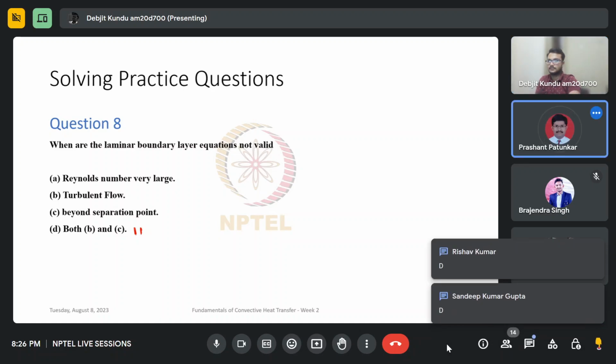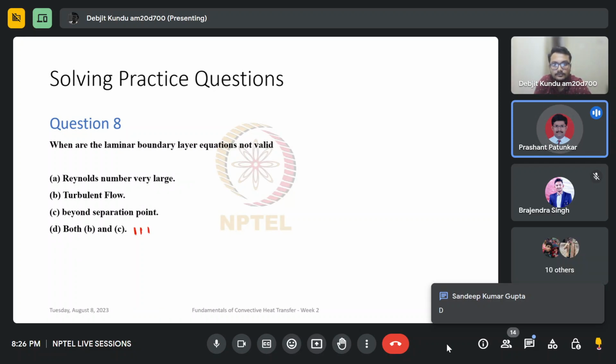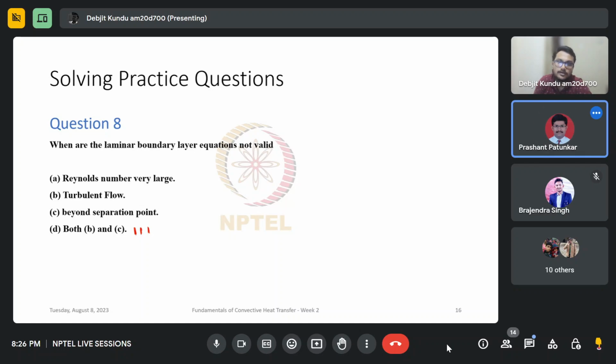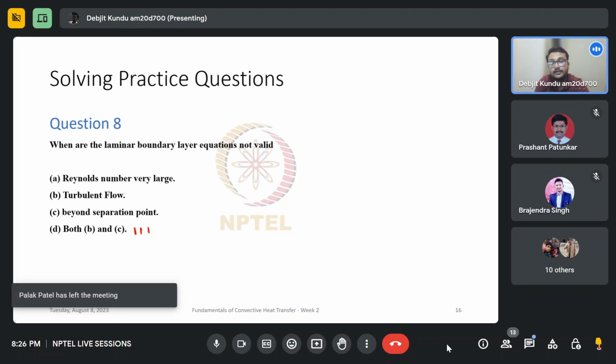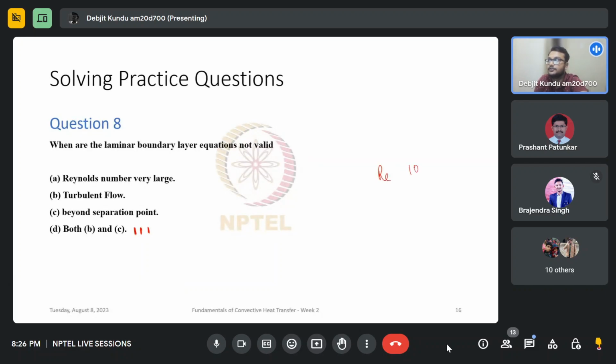Excuse me, sir. For option A and B, sir, is it that they have the same meaning? The Reynolds number is very large and the flow will also be a turbulent one. I see your confusion, but that's not really the case. In boundary layers, the flow remains laminar even until Reynolds number of, let's say, 10 to the power 5.